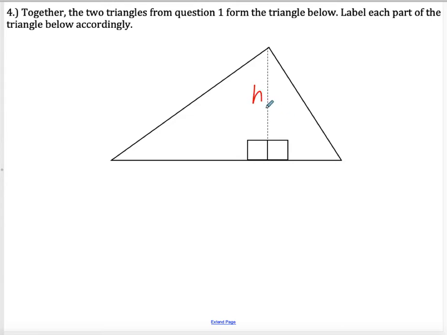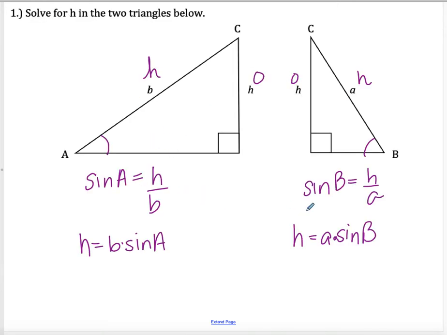This was H, this was side B, and this was side A, with angle A, angle C, angle B. On any non-right triangle, we can drop in the height, or the altitude, to create right triangles inside and use straightforward trigonometry, like we did in number 1 when we solved for H. So these two triangles come inside of this one.